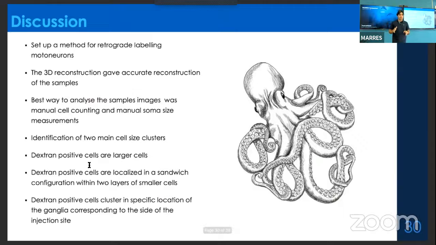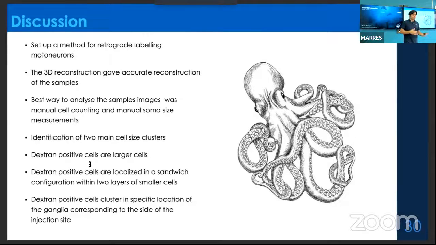To come back on all the results, we have set up a good method for retrograde labeling the motoneurons with the dextran staining with an incubation of 4 hours. The 3D reconstruction of the imaging software gave an accurate reconstruction of the samples. We found out that the best way to analyze our images is to do it manually, either for the cell counting or for the soma measurements.